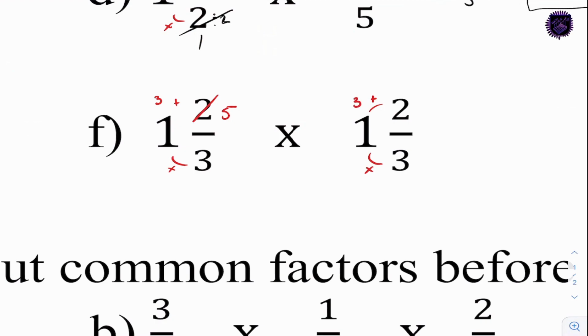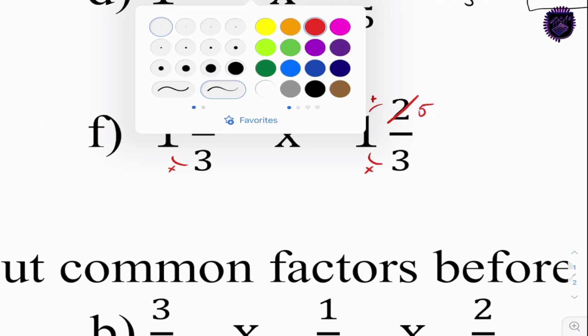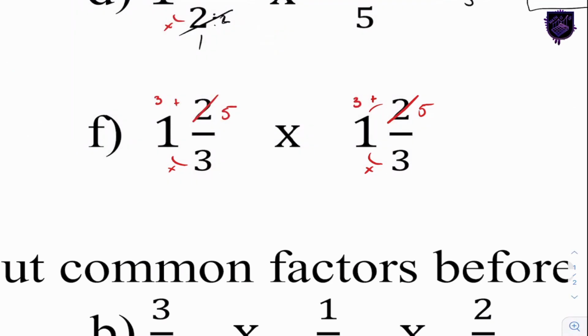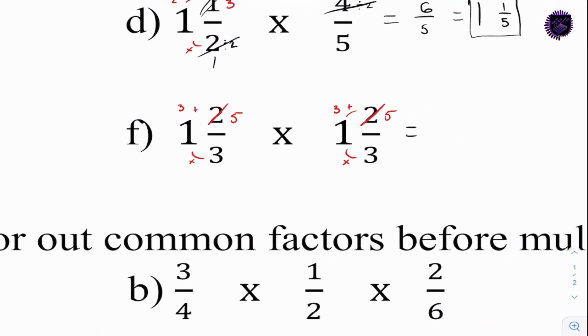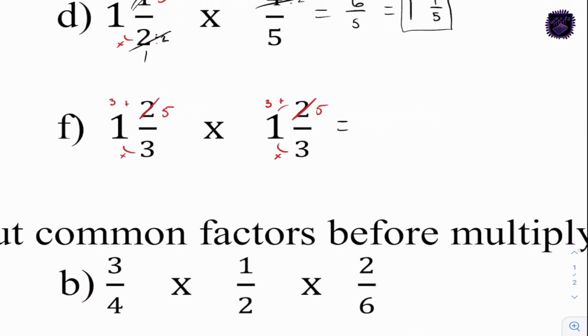So we'll add 3 plus 2, which is going to be 5. So we're going to get left with 25 over 9, which is going to be equal to 2 and 7/9.